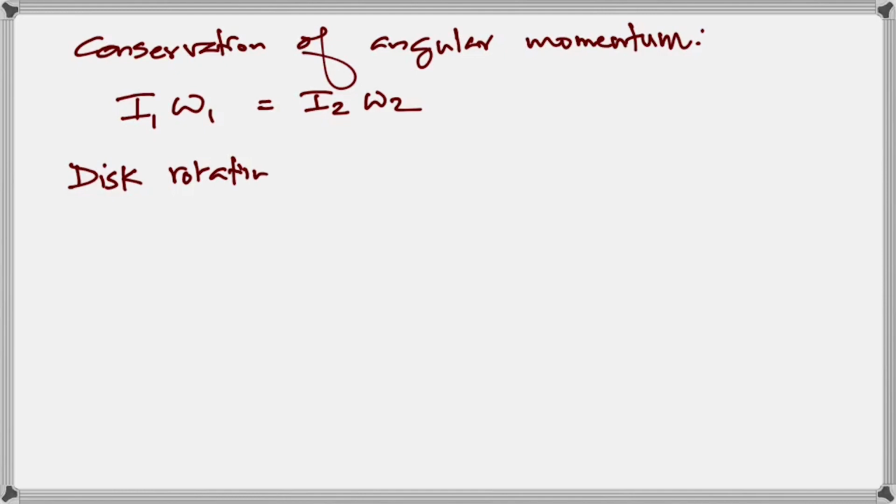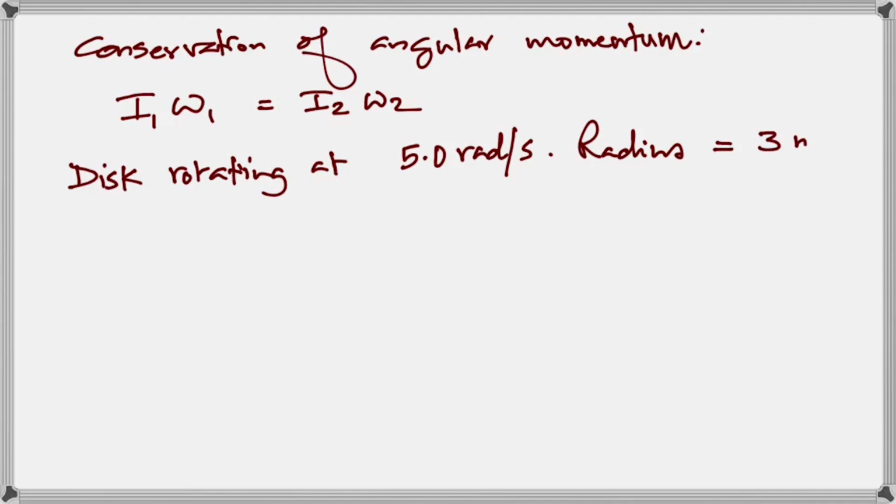You just assume that there is a disk that is rotating. And the disk is rotating at 5.0 radians per second. That is the angular velocity, which is our omega 1. The radius of the disk is given as 3 meters.